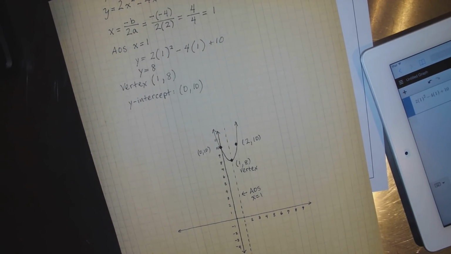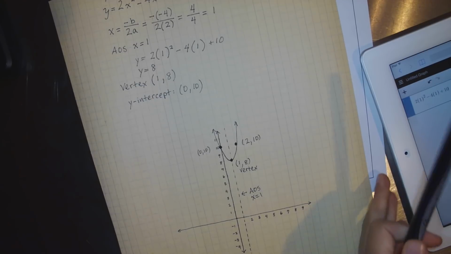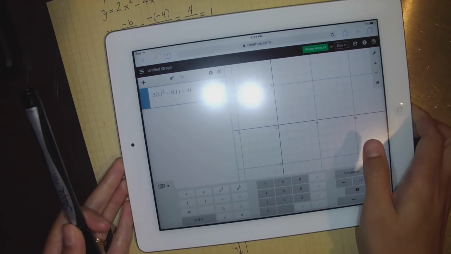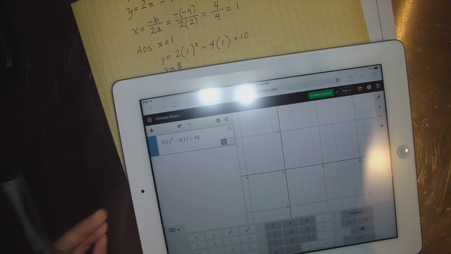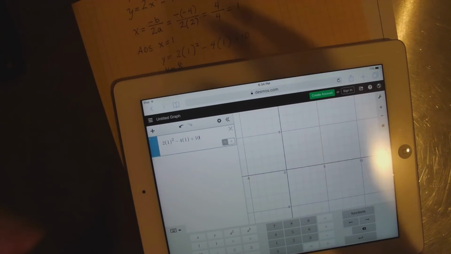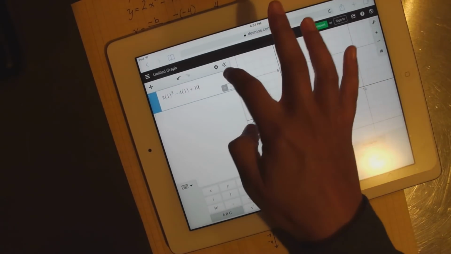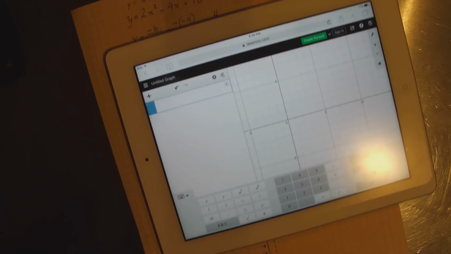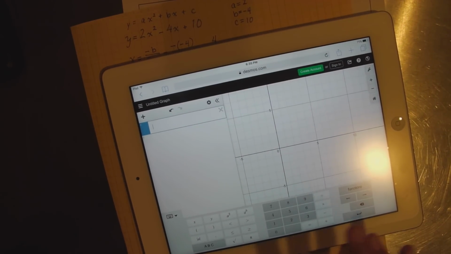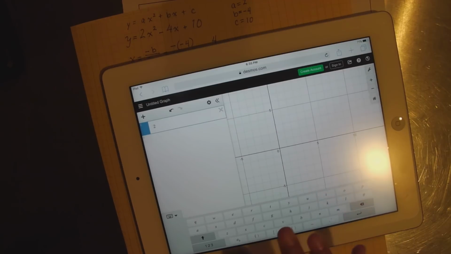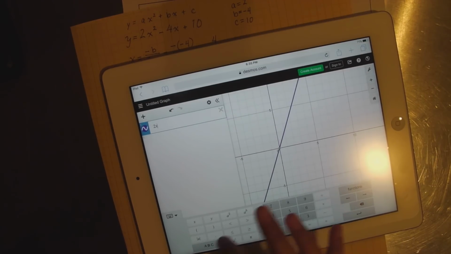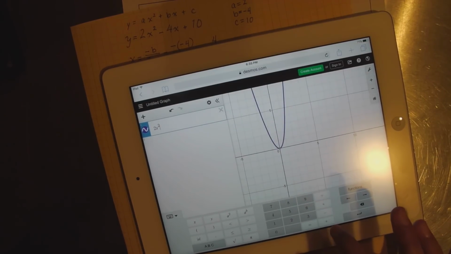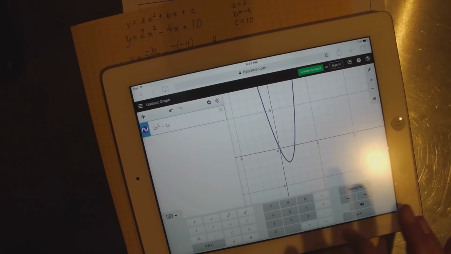Okay, so the next thing I want to do is check my answer. Using Desmos, I'm going to type in my original equation. So this 2x squared, 2 takes a little longer on the iPad, but x squared minus 4x and plus 10.